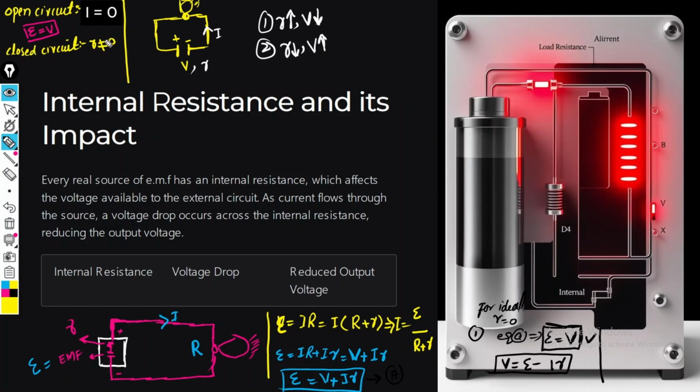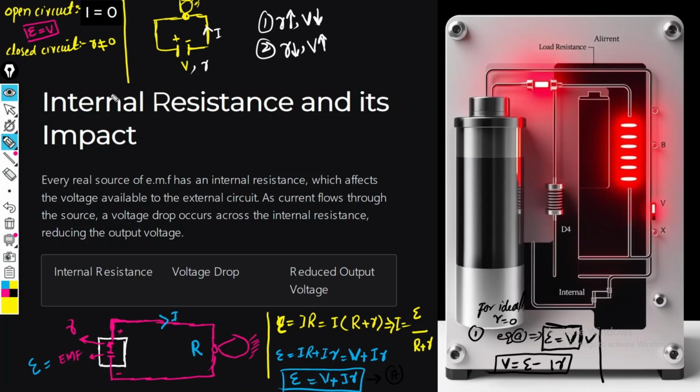So for the closed circuit, this r will not be equal to 0. So in that case, the voltage is given by this formula, and the electromotive force will be given by this formula.